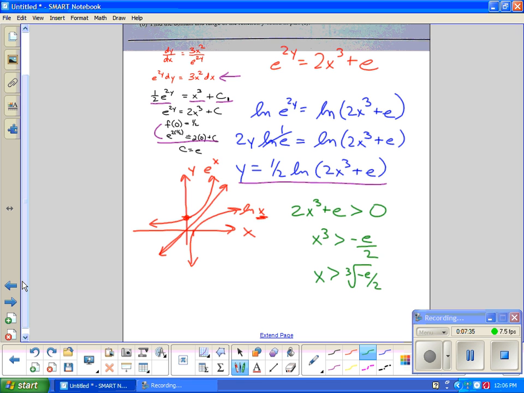So now we're going to have to write, what do we know about the domain here? I think if you just leave it like this, you could go domain is just x is greater than the cube root of negative e over 2.